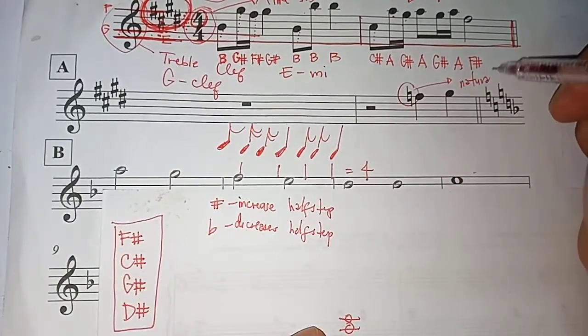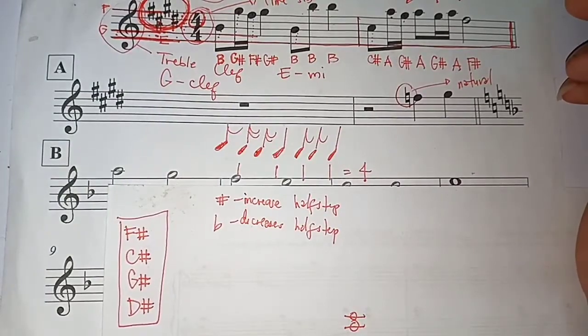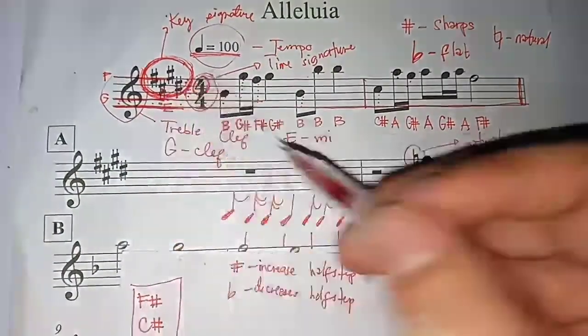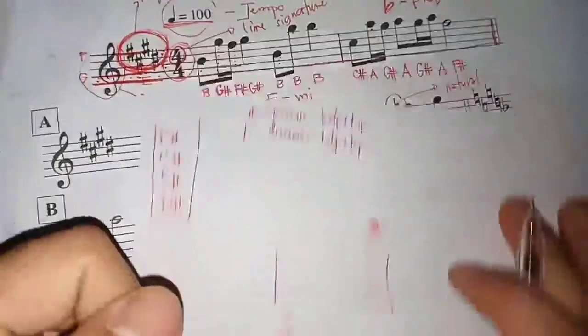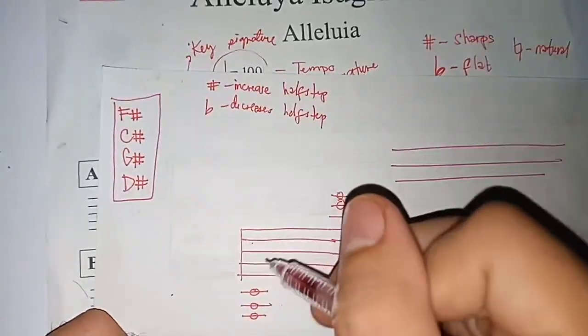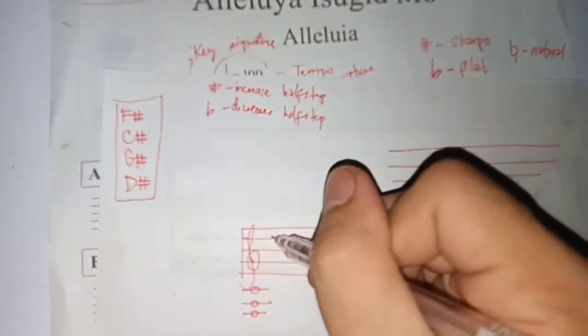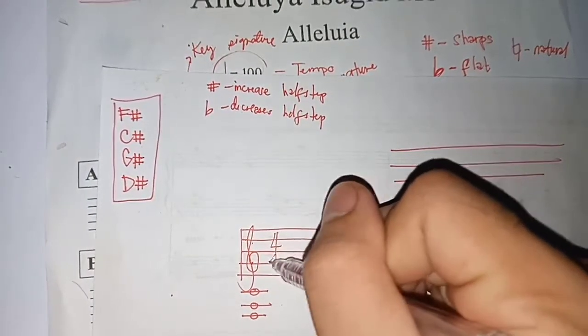What do you mean by natural? For the common key signature of a musical score, we often see this kind of musical score, and we have here 4/4.